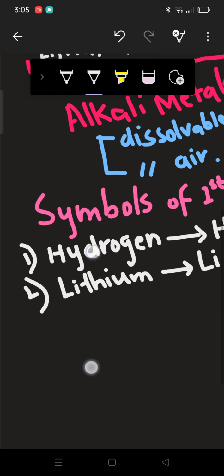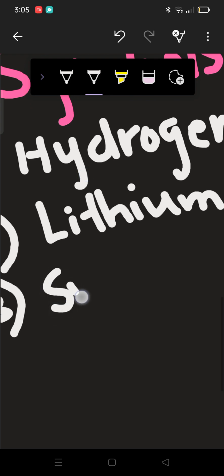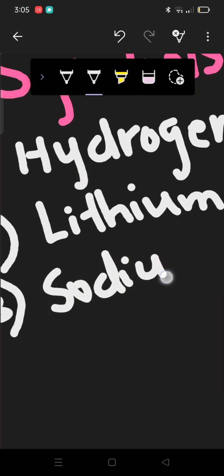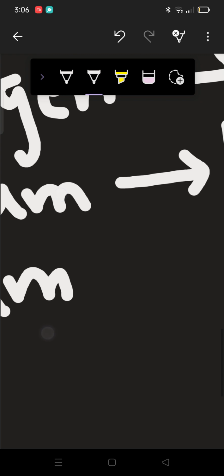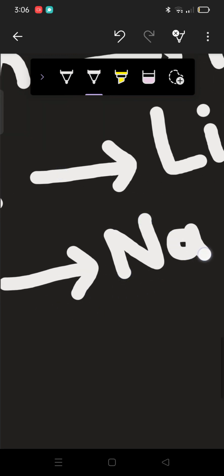Third we have sodium, which is represented with Na, capital N and small a.